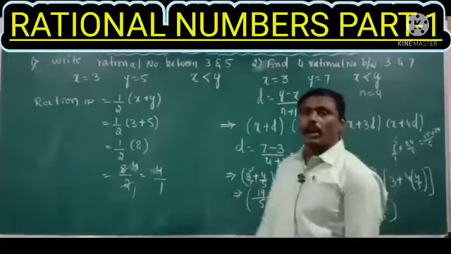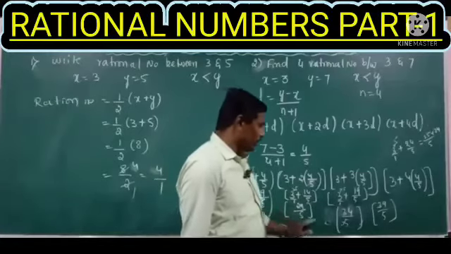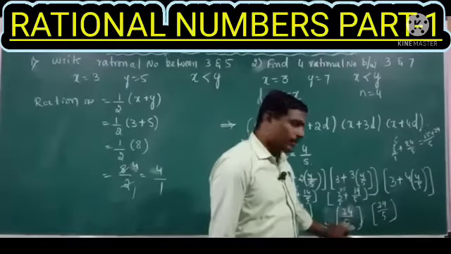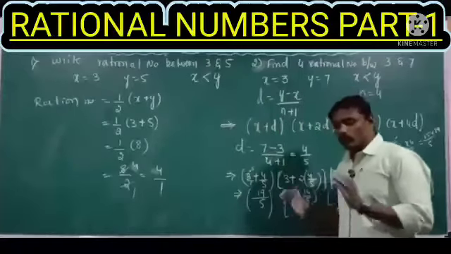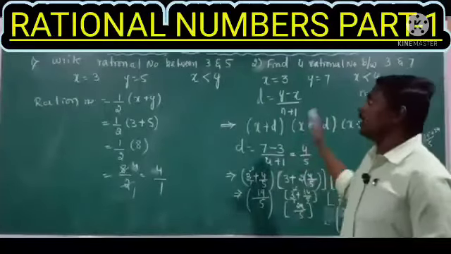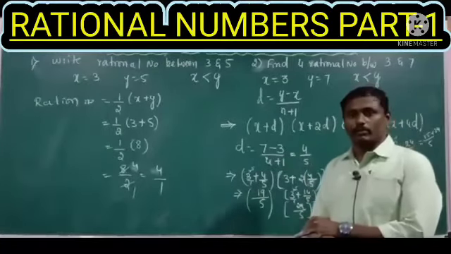So the required rational numbers are 19 by 5, 29 by 5, 34 by 5, 39 by 5. So this is the way to find the rational numbers between any two given numbers.